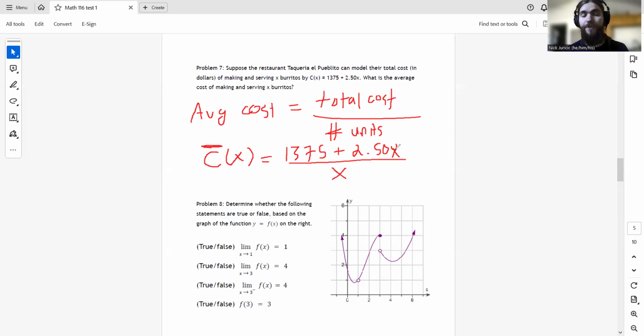Imagine, depending on how many burritos you make, the average cost is going to be different. If you're just making one burrito, it's going to be pretty high.